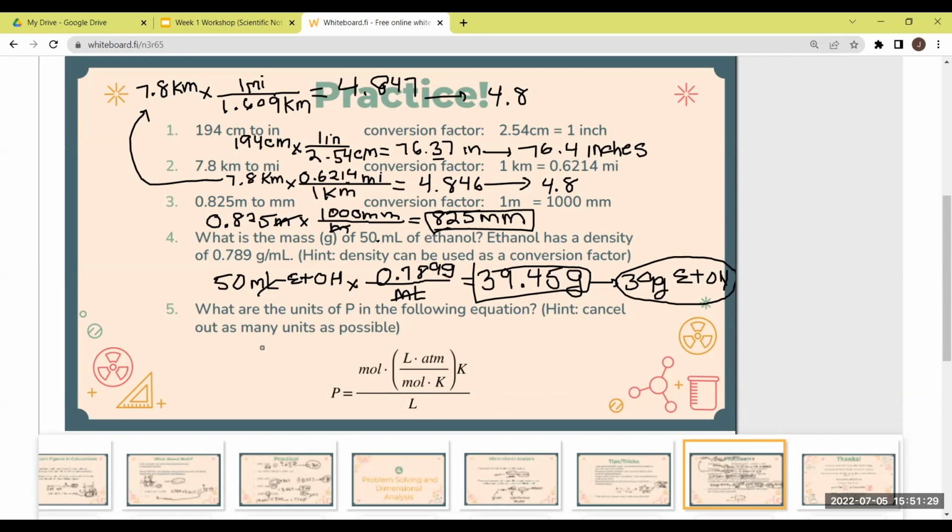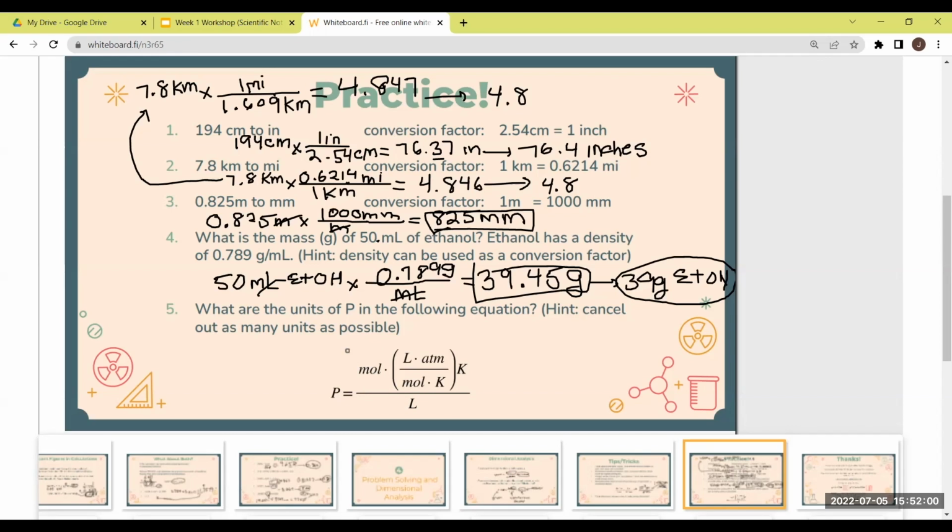And so finally, our last question is, what is the units of P in the following equation? A little hint is we want to cancel out as many units as possible. So if you look at this one, we have P is equal to, and then we have this huge fraction right here: moles times liter atmospheres over mole times K, all divided by liters.